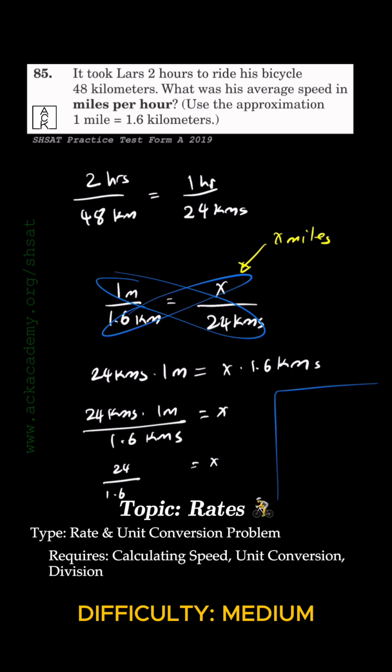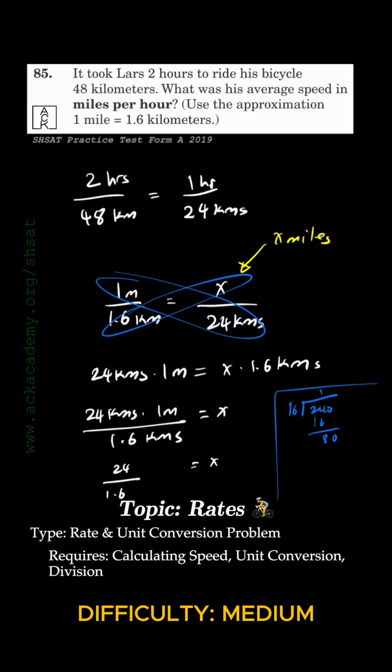So we have, let's see, 16 goes into 240. 16 goes into 24 one time. 24 minus 16 is 8.